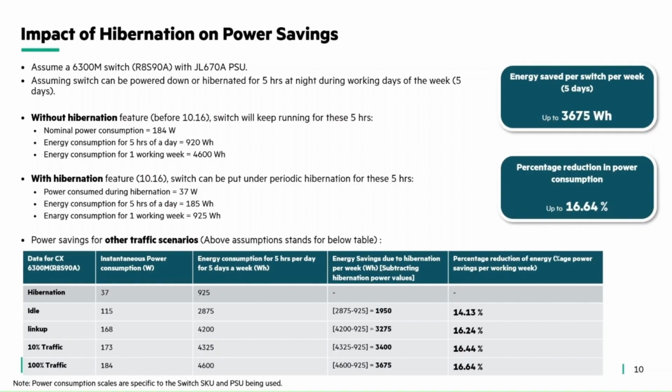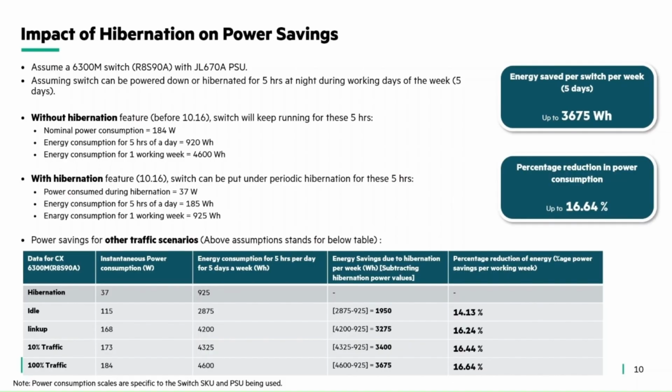As we have seen in the previous slides, the nominal power consumption where the switch is handling 100% of the traffic is 184 watts. If we calculate the energy consumption for 5 hours of the day, we can see 920 watt-hours consumed by the switch.